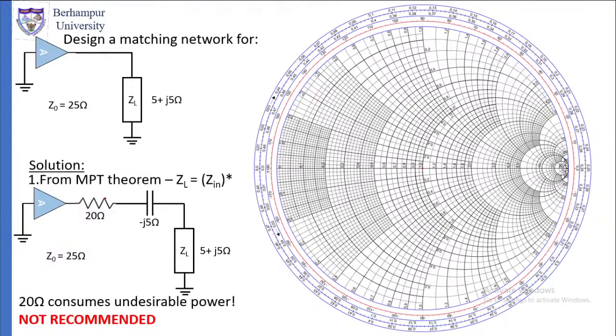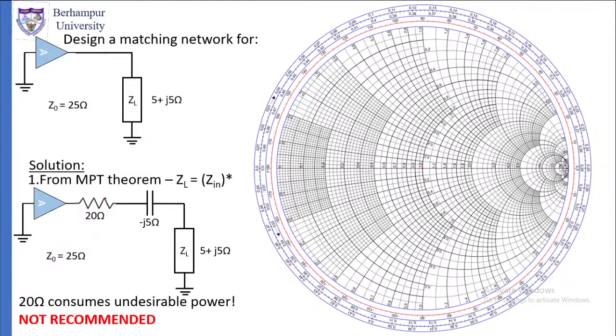If we add a series resistance of 20 ohm with the load ZL, then the resistive part will be 25 ohm, which is the same as Z0, 25 matches. Then what is left is the reactance part. Reactance is j5, so it is inductive in nature.